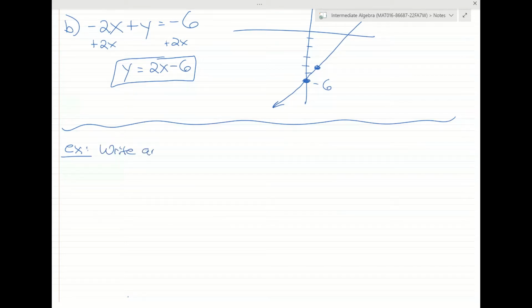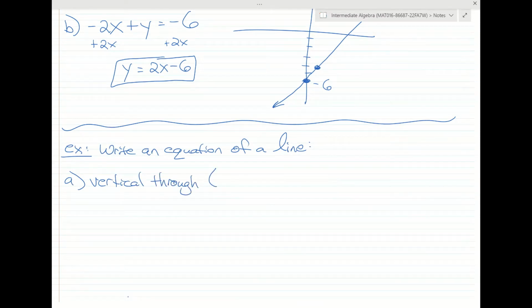Right? Equation of a line. Vertical through 2, negative 3. And horizontal through 2, negative 3.